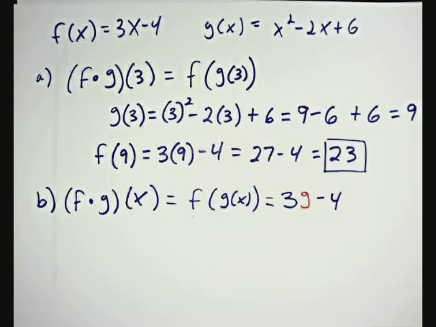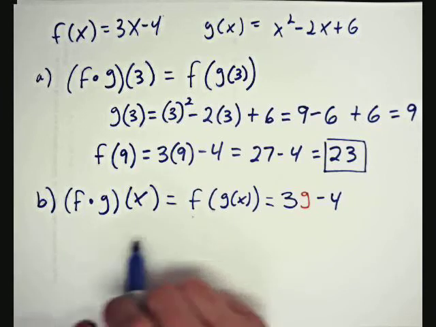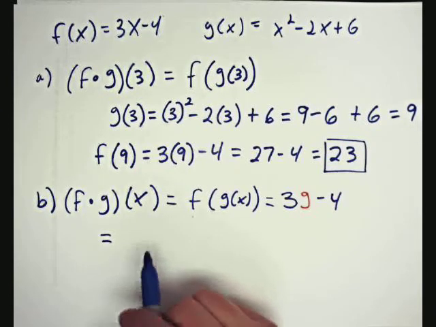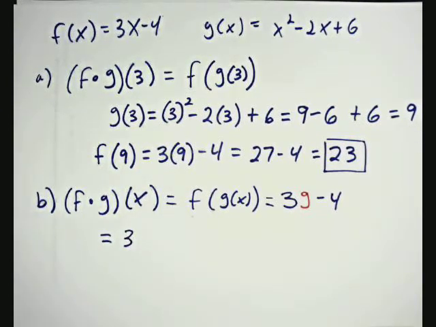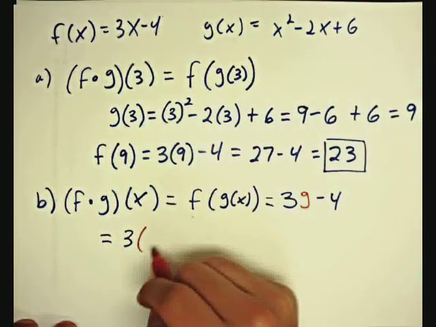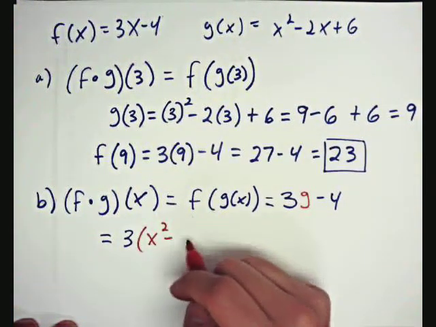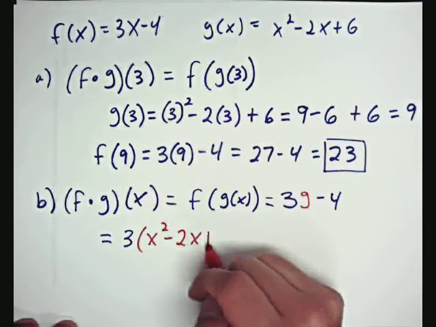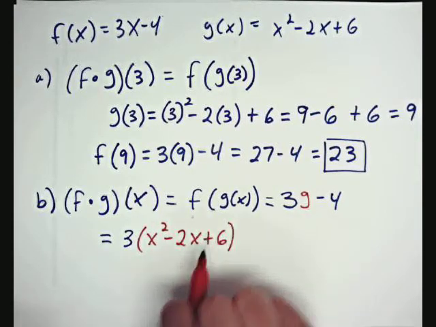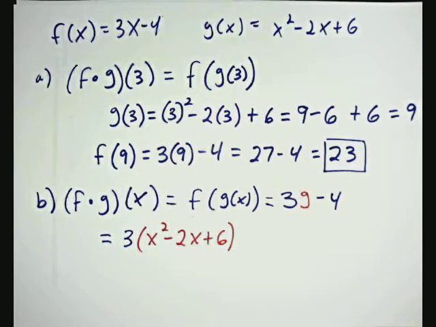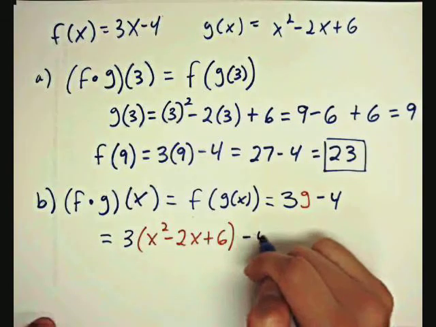Okay, and then from there, let's go ahead and put in what the function g actually is. So we'll have that equal to 3, and then in parentheses, the function g, x squared minus 2x plus 6, and then finishing the function f, minus 4.